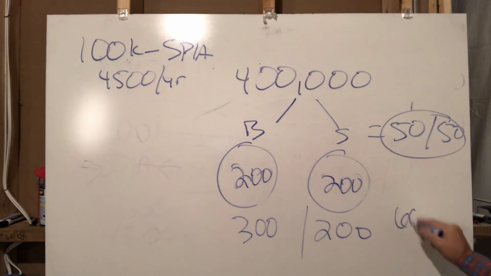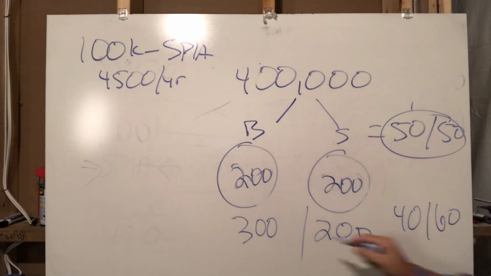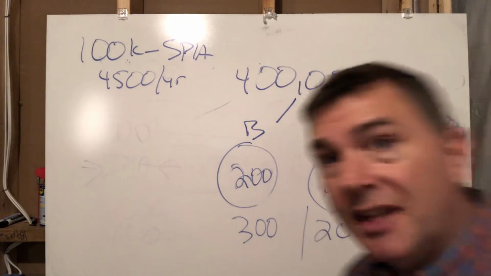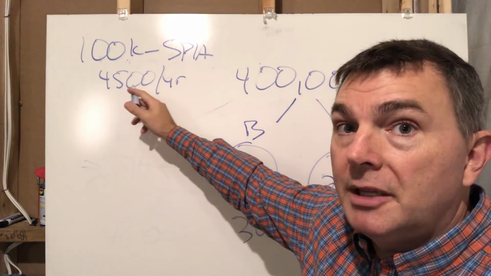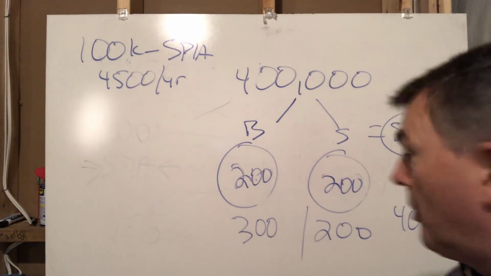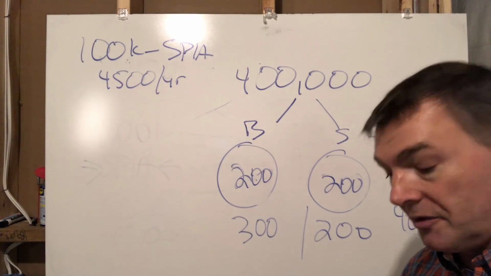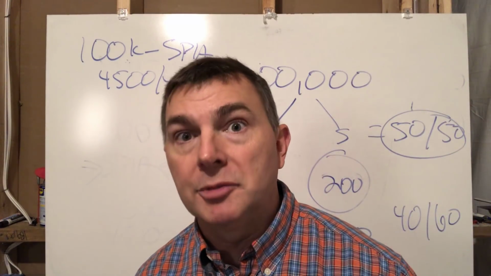Now I'm 40-60. I got 40% in stocks and 60% in bonds because I got this 200,000 plus that right there is 100,000. Now I got 300,000 in bonds and 200,000 in stocks. And that makes me 40% stocks and 60% bonds.